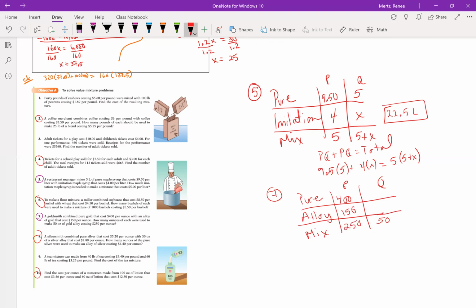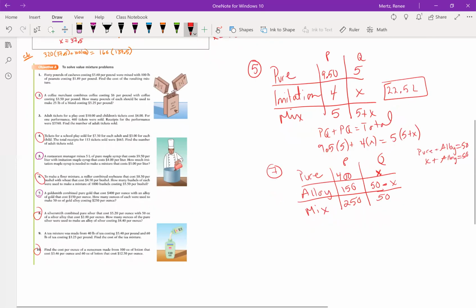So again, I don't know any of my quantities except for the total. I pick one to be X. The other one is the total minus X. Or if you need to, you do pure plus alloy off to the side equaling 50. Pick one to be X, solve for the other one to get 50 minus X. Then you're going to set up your PQ plus your PQ equaling your PQ.